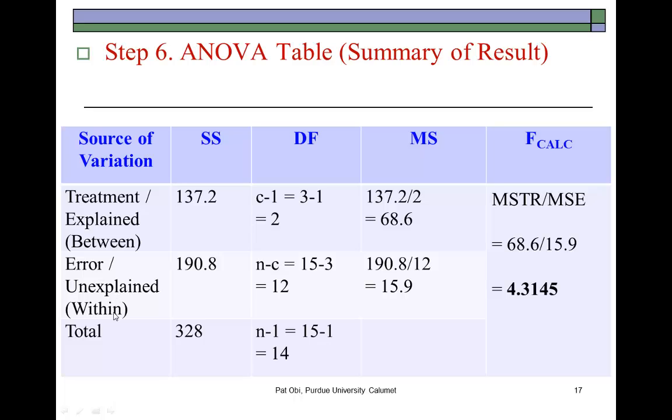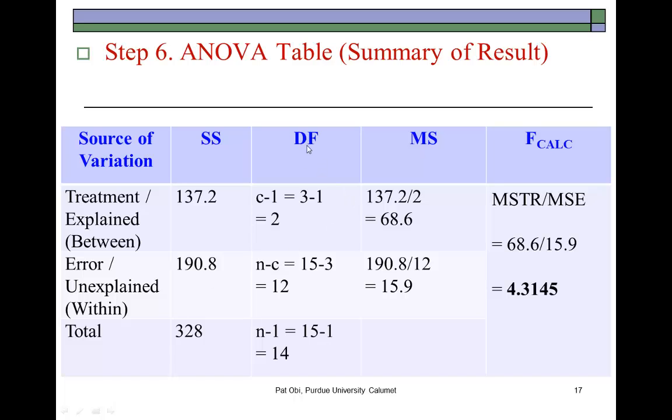I've given you all the good names here. The calculated sum of squares treatment is 137.2, and the calculated sum of squares error is 190.8. If you add these two, that gives you sum of squares total of 328, which as I showed, can either be calculated the longhand or simply add up these two numbers.